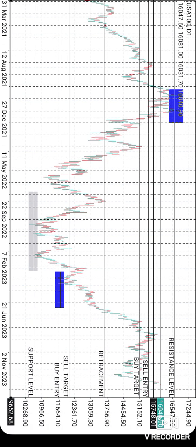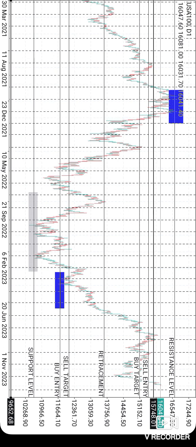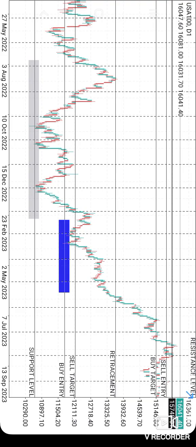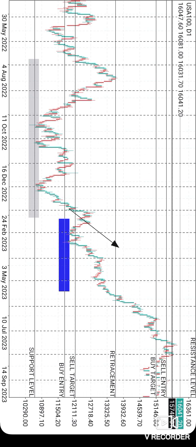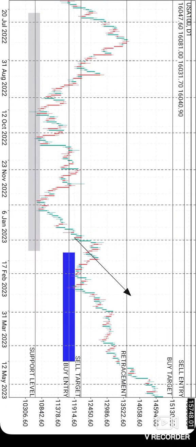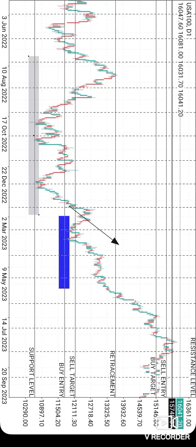I will 100% advise you to wait until the market closes above the entry of a buy. Let me use an arrow here. For our entry of a buy, you switch to a 1 hour time frame. If the candle closes above this entry of a buy, you need only one 1 hour candle, then you can buy from that level.